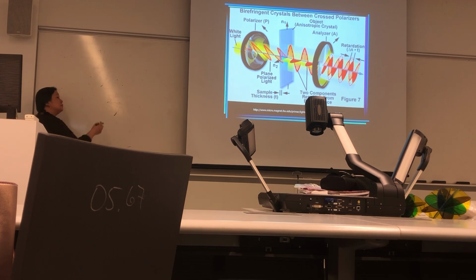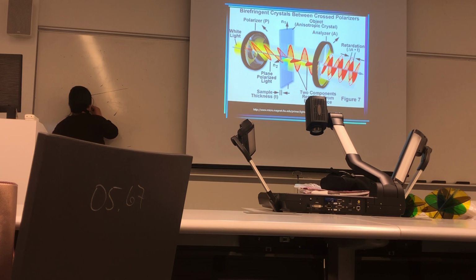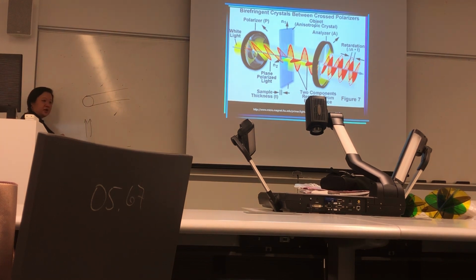So, if this is my fiber, and I've got my light heading from the bottom of the microscope, and that's the direction of travel, and these light rays are vibrating east-west because they're polarized.